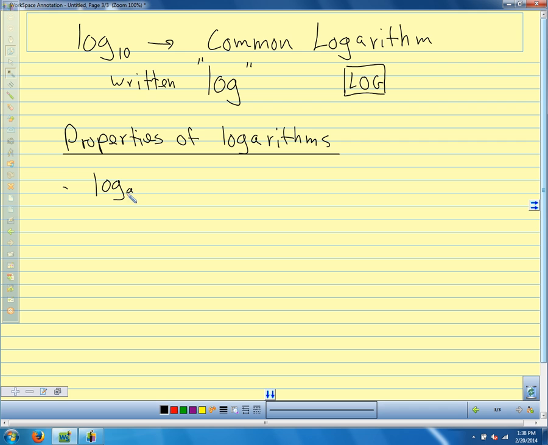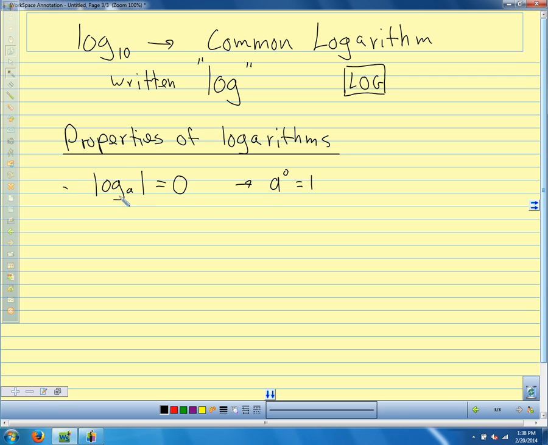So the first one, log base a, any base, of 1. What's the exponent on a that gives me 1? What power of a gives me 1? 0, because a to the 0 equals 1 for any base. So this is true for any base.